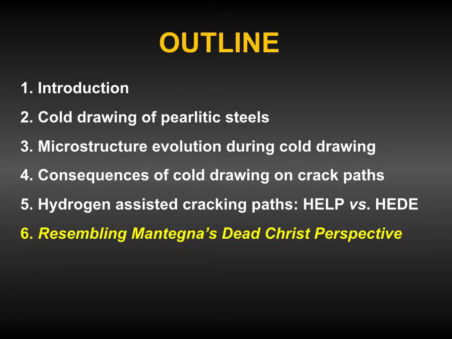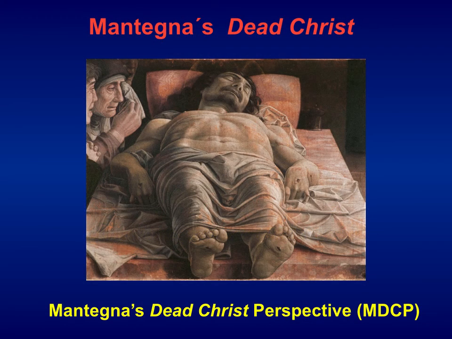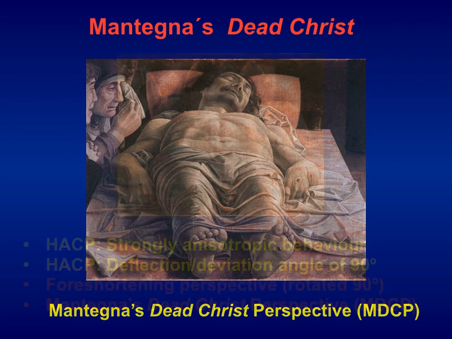Then to close the speech, sixth part of the presentation, resembling Mantegna's Dead Christ perspective. Here we have the beautiful picture by Mantegna, a real masterwork, Mantegna's Dead Christ. We define the MDCP, Mantegna Dead Christ perspective. Why?